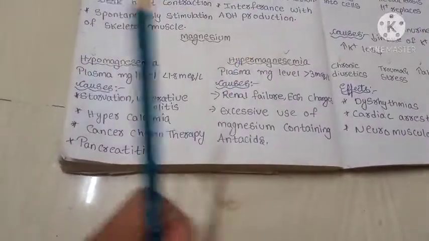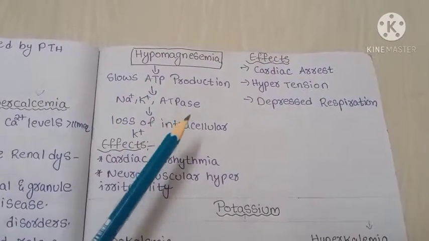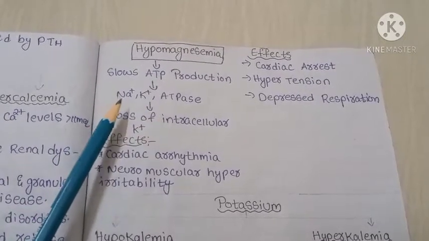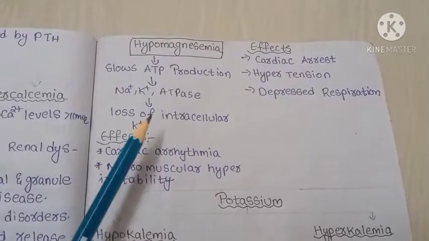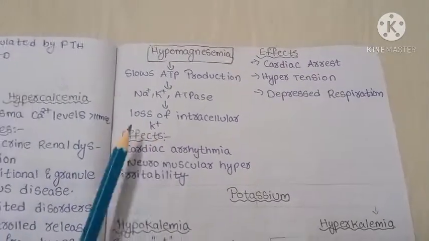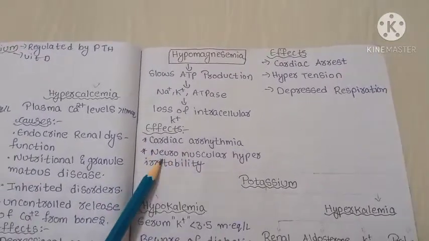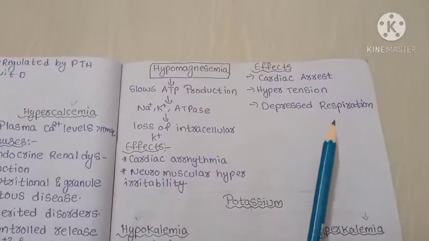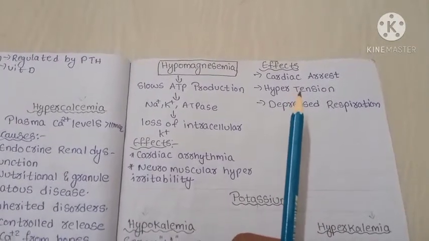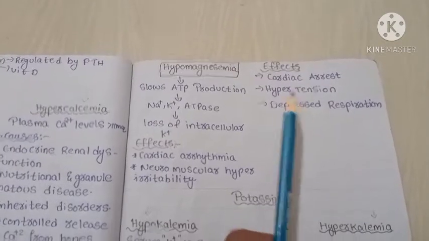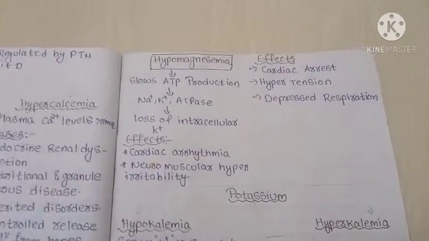Hypomagnesemia results in slow ATP production, which affects the sodium-potassium ATPase and causes loss of intracellular potassium, resulting in cardiac arrhythmia and neuromuscular hyperirritability. Hypermagnesemia, due to over usage of magnesium, leads to cardiac arrest, hypotension and depressed respiration.